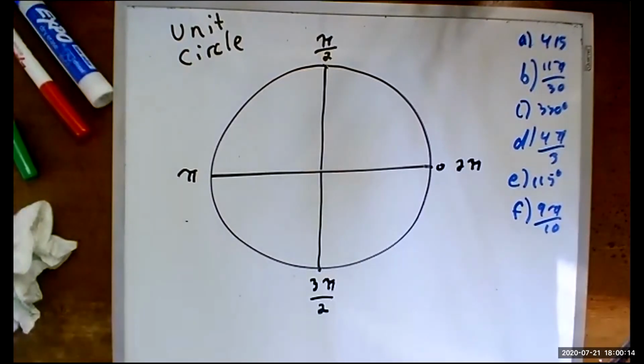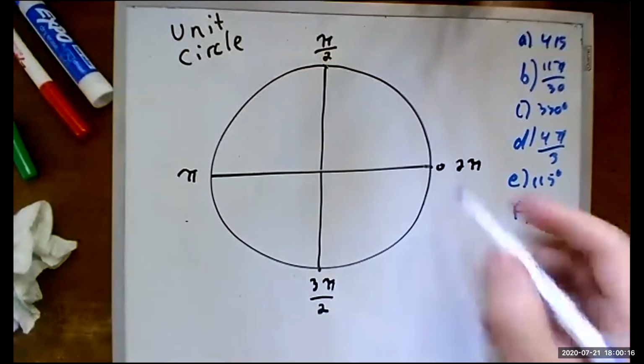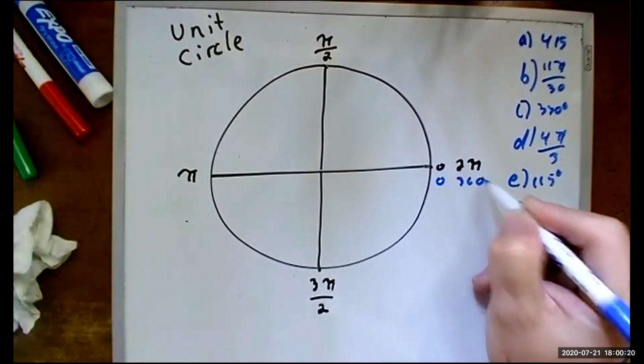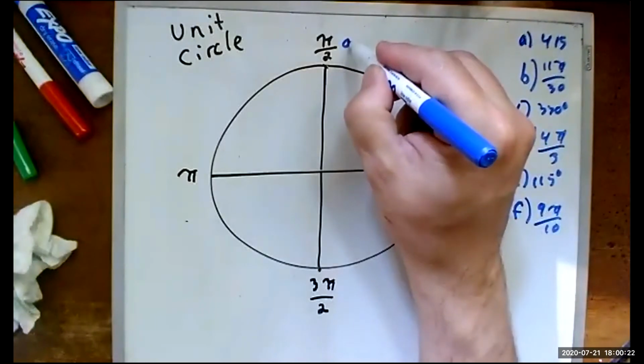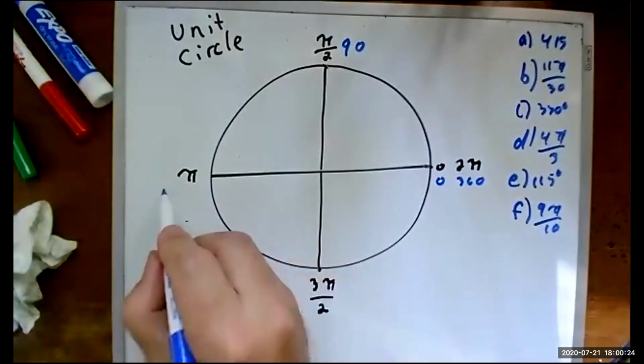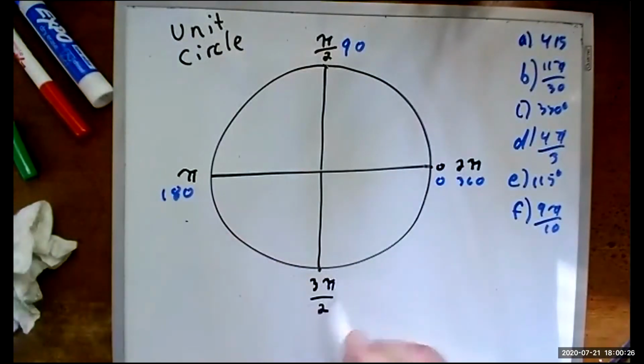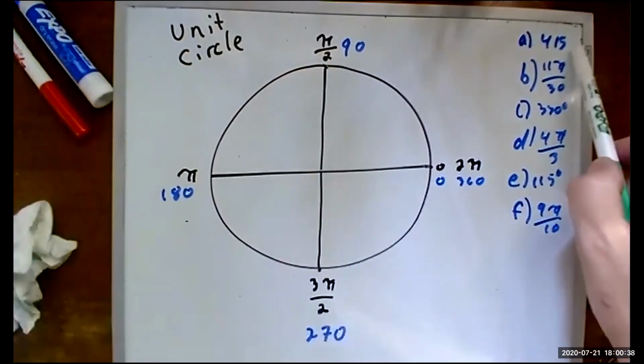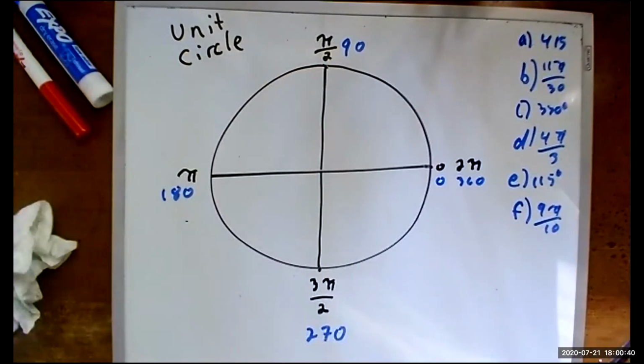So far, so good. Now you've got an idea of where everything stands. The other thing you might want to do, again, because we're going to be dealing with radians and degrees all at the same time, just remind yourself what this means in degrees. This is 0 or 360 degrees. This is 90 degrees. This one is 180 degrees. And this one is 270 degrees.